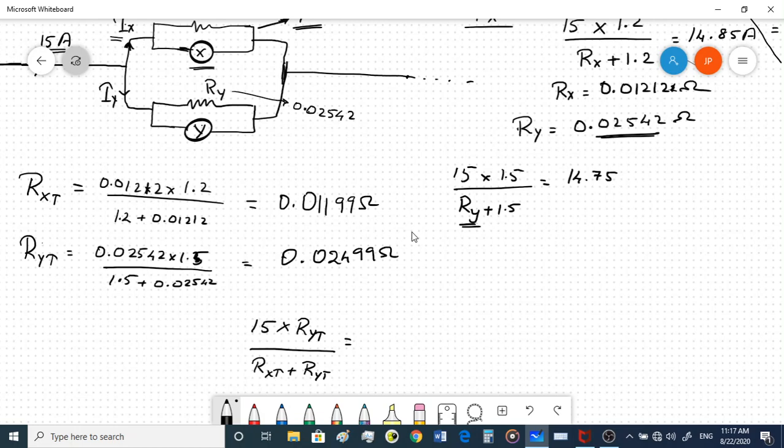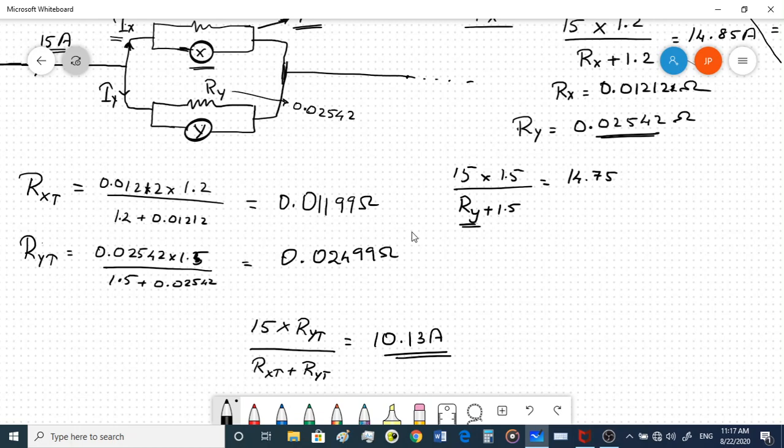When you calculate, you will get this value as 10.13 amperes, and this will be your result, 10.136 or 10.13 amperes. This will be your final result.